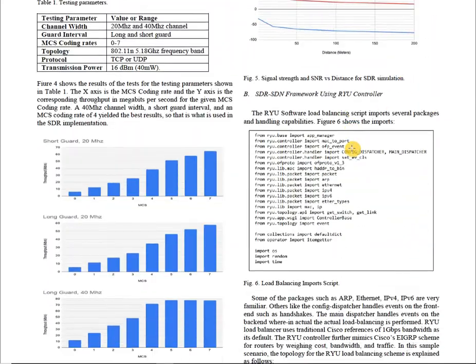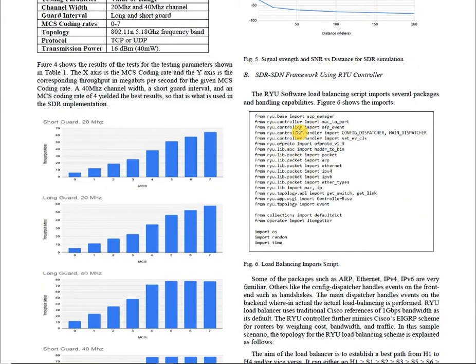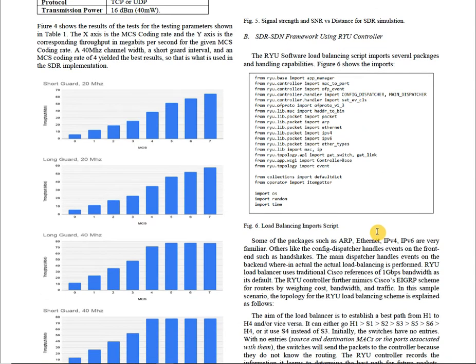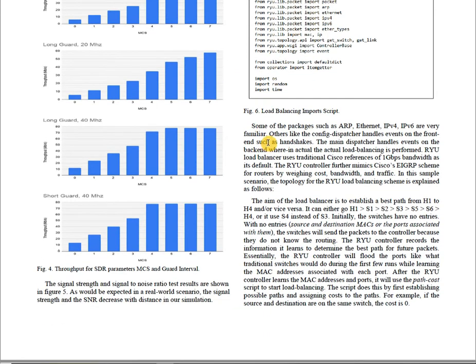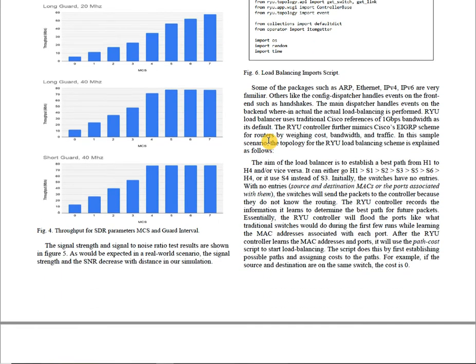Figure 6 shows the load balancing script for the Ryu controller. You can see they set up the controller, the packet rate, the quality of the packet, the IP and other structure that is used, and then once the setup is complete, they run it for the different setup parameters that we discussed, and then we perform the simulation.